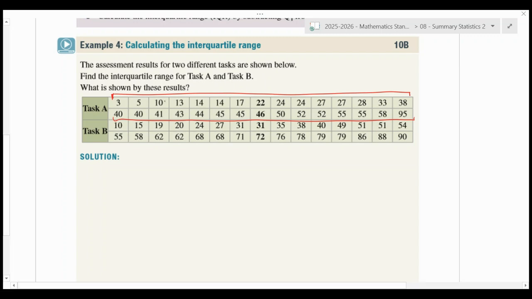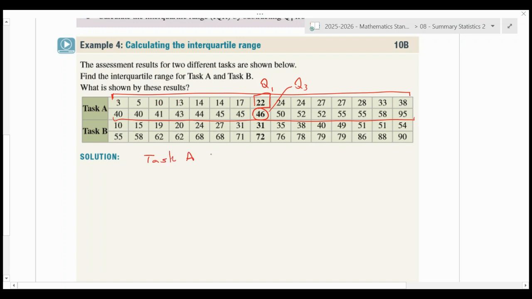So there's 1, 2, 3, 4, 5, 6, 7, 8, 9, 10, 11, 12, 13, 14, 15 scores in total in each half. So that means that's the middle of the little one. So that will be our Q1, and that is going to be Q3. So they are the interquartiles. So for task A, let's spell task correctly.